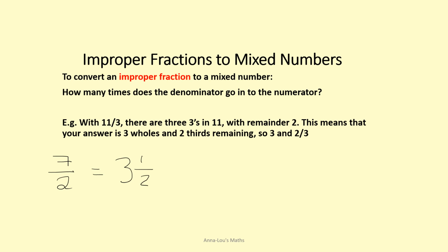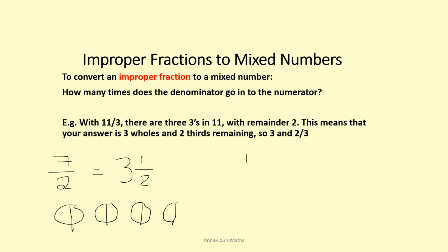So 7 halves is 3.5. Now the reason that works is if we look at it: 1, 2, 3, 4, 5, 6, 7. So I've got 3 wholes and a half. So when I'm working this out, how many times does my bottom number go into my top number? That's my whole. And whatever my remainder is goes back as a fraction, but on my original denominator.